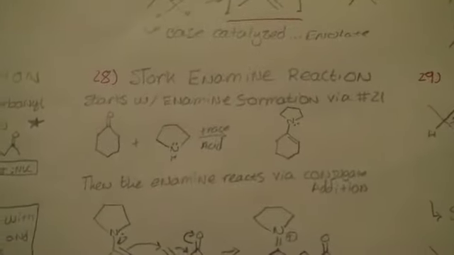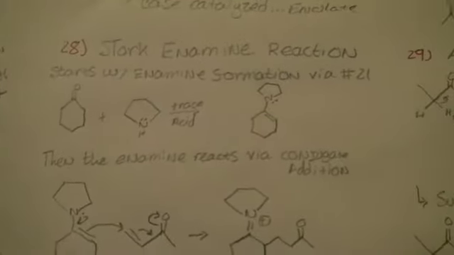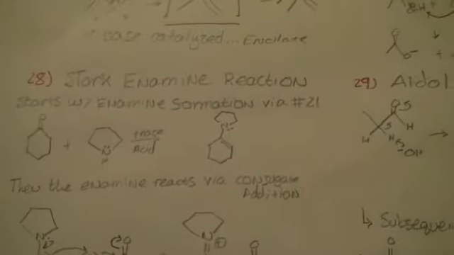Next is the Stork-enamine reaction. It starts with a version of enamine formation that we saw above. So, in 21, you can rewind the video. But let's see if I can find it. Right there. But this is just the enamine is cyclic.